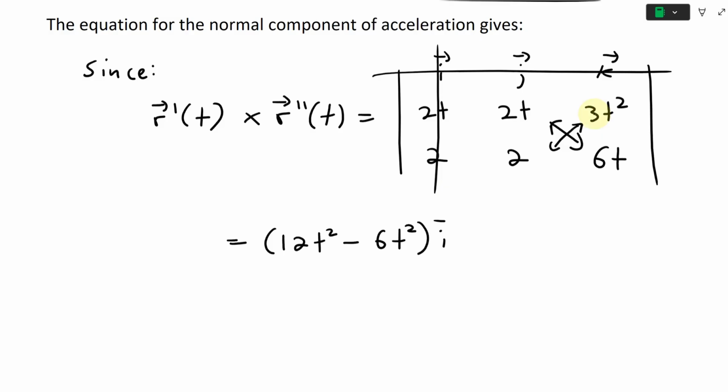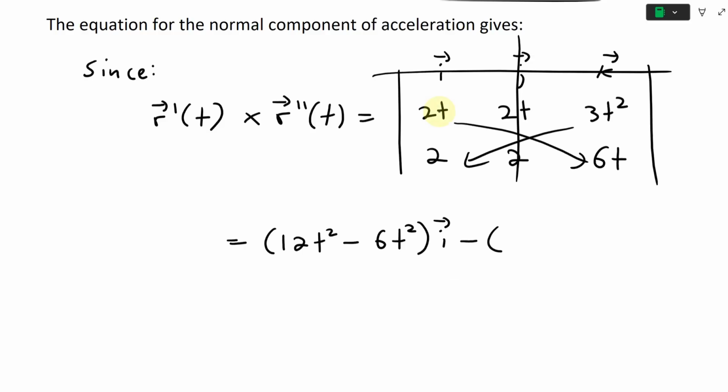Now plus the next one, the j component, but now there's a minus. 2t times 6, that's 12t squared, minus 2 times 3 is 6, t squared.